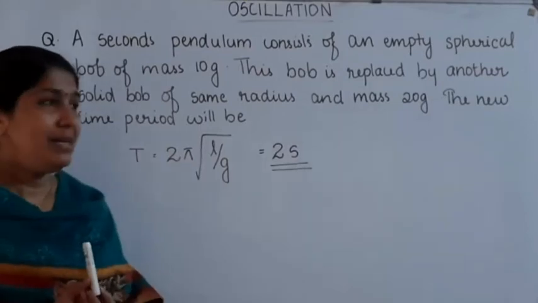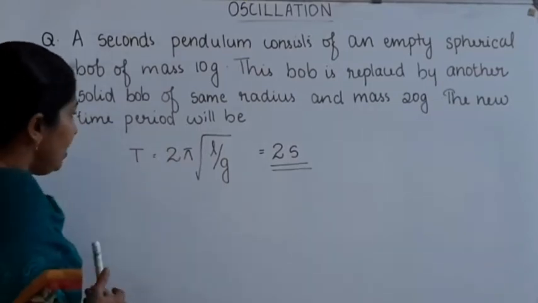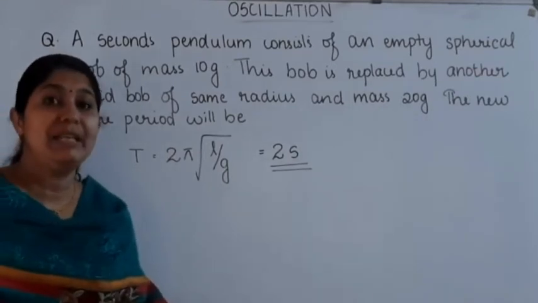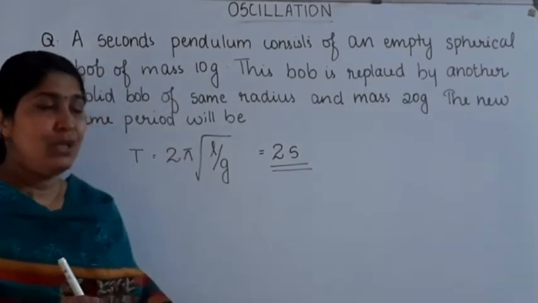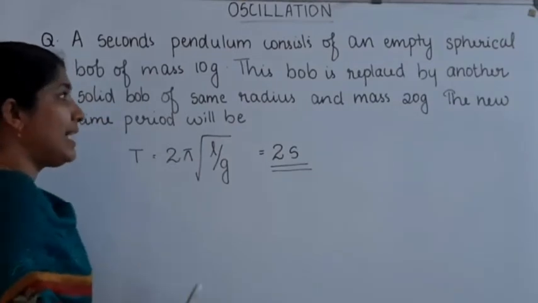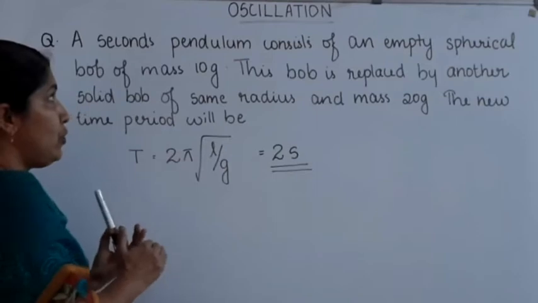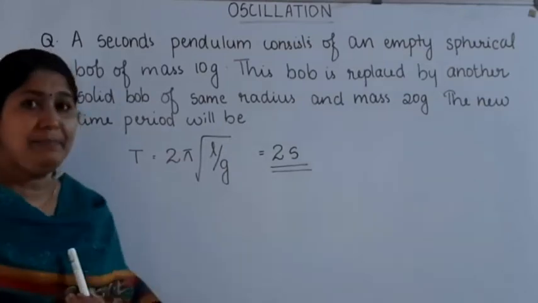That's the question. In this equation, it is very clear that the time period of the simple pendulum is independent of mass. So what about the time period of the seconds pendulum if the mass is changed from 10 gram to 20 gram?